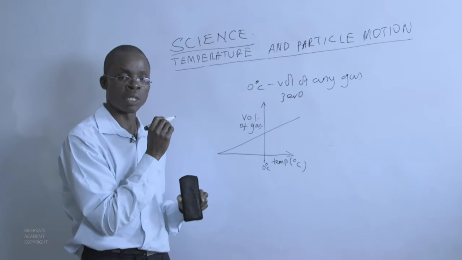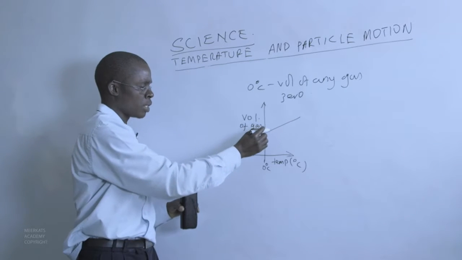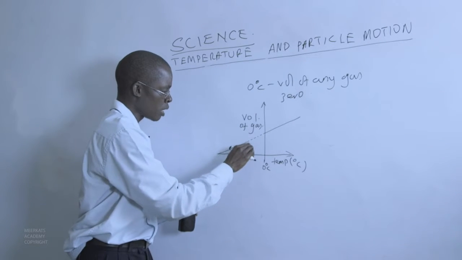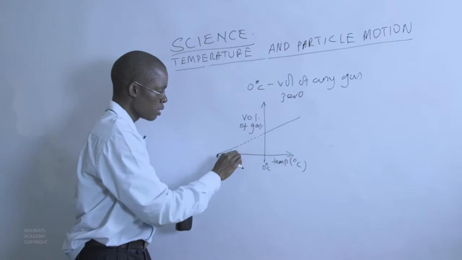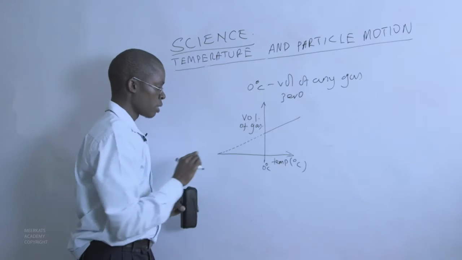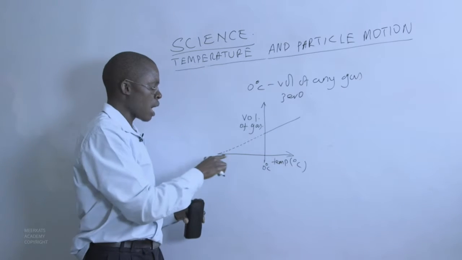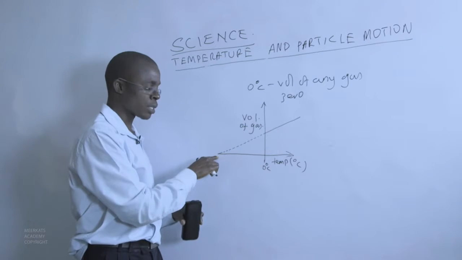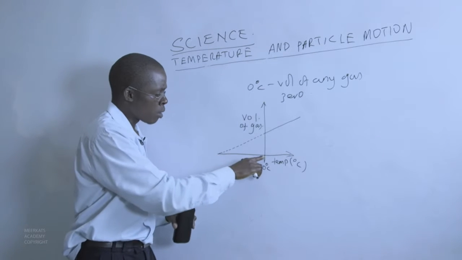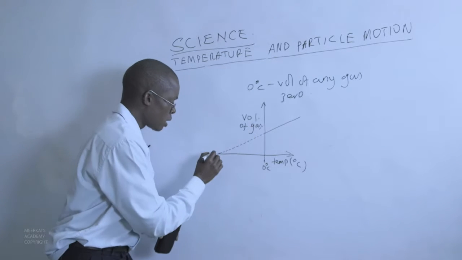Volume is not zero. But looking at this extrapolation, if you use this as an extrapolated line, it is going to cut the temperature axis, which is the x-axis, at a point which, going by the plotting, is at this point.